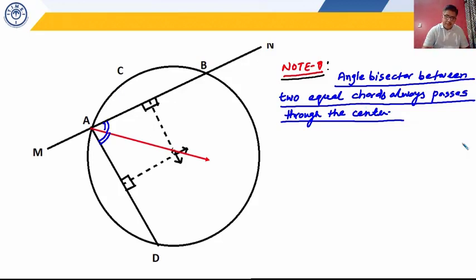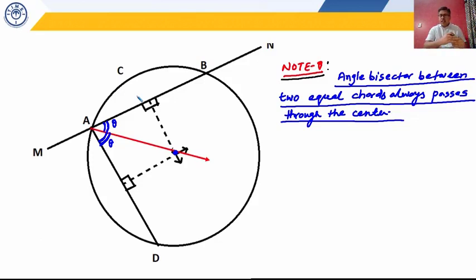So if this is theta, this is also theta, then the angle bisector passes through the center. But the point is, these two chords must be of equal length.